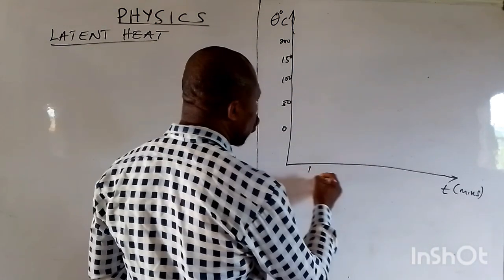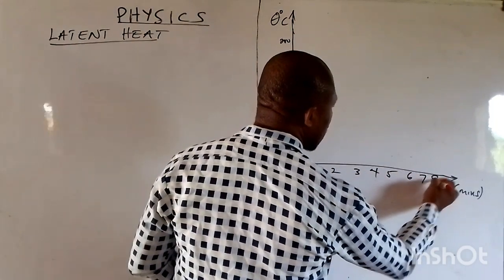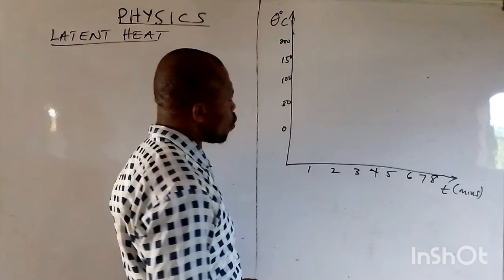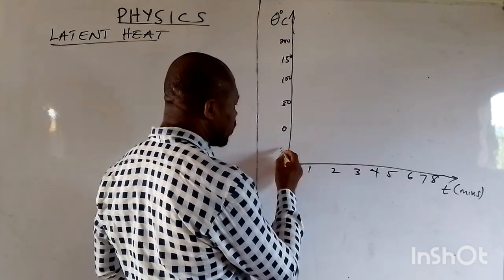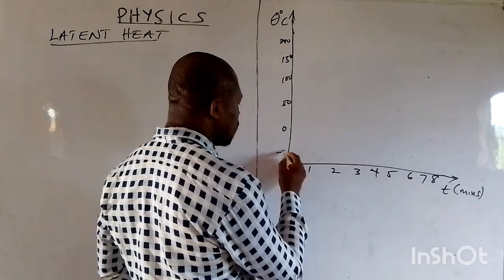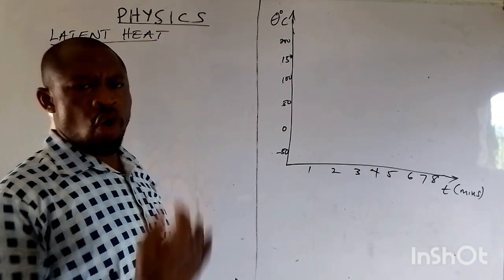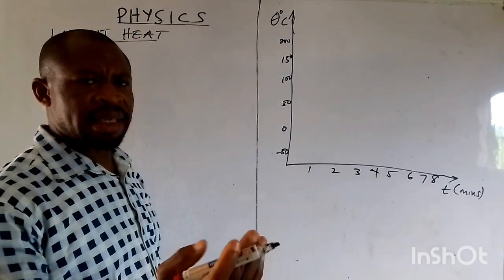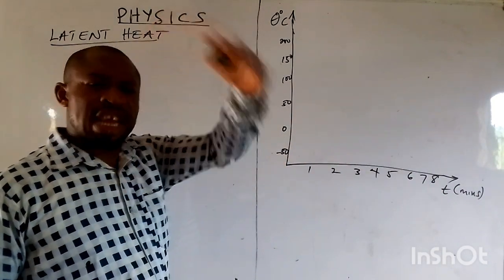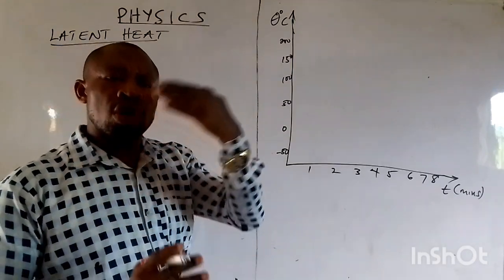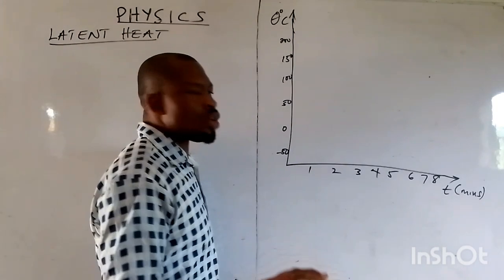Maybe here we can have 1, 2, 3, 4, 5, 6, 7, 8, and so on. Now, if you have a plot like this, here we can have, let's say, minus 50. For something like ice, dry ice, we can have negative 10 degrees Celsius, negative 20 degrees Celsius, down to negative 50 degrees Celsius.